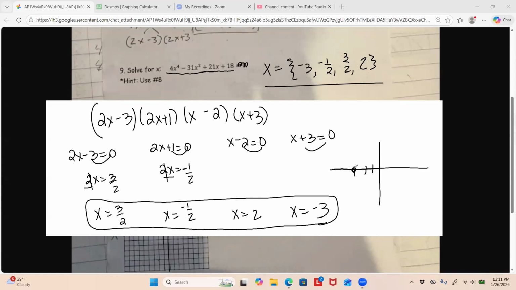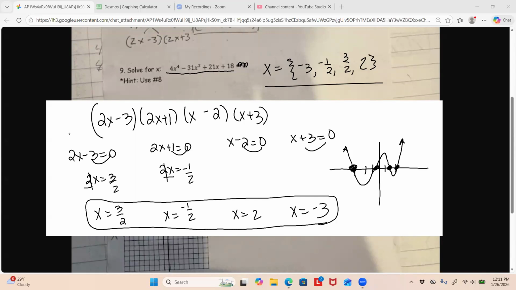So -3, -half, 3 halves, and 2. So probably something like that. That's what you just found out. The x-intercepts are the solutions, or the zeros, or the roots. That's number 9. And number 10, we have graphing of a rational.